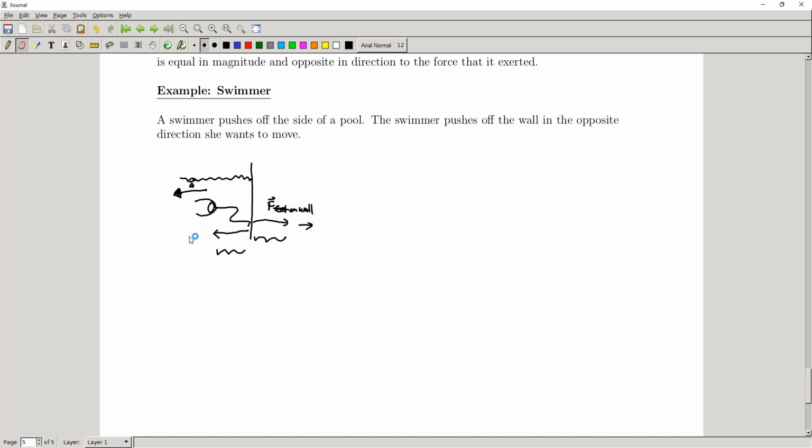And I've kind of made a mess of this whole thing now, so I'm going to clean it up. But basically what we're going to call this force, this is F. This is the force of the wall on feet. And so what is this? Well, what do we know about this?